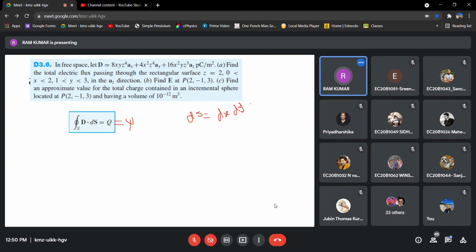So a_z is the unit vector. Whatever x is there, y is there, what is the remaining? a_z. This is basic, no. When you substitute, D vector dot this one, you will get only this part, because a_z dot a_z is one and the remaining terms vanish. So take this value and integrate over the given surface region. Do this and give me the answer.